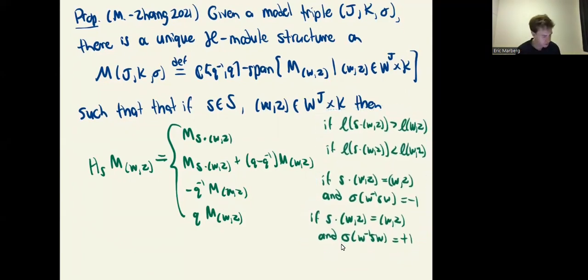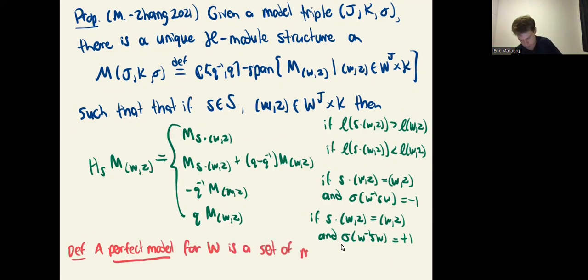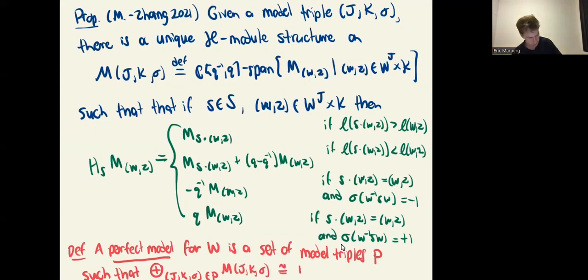And then the definition that accompanies this is, we'll say that a perfect model for W is a set of model triples P such that if you take the direct sum of these modules we've just constructed, this is isomorphic to the sum of all the irreducible representations.